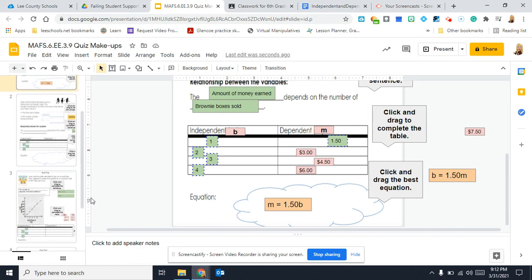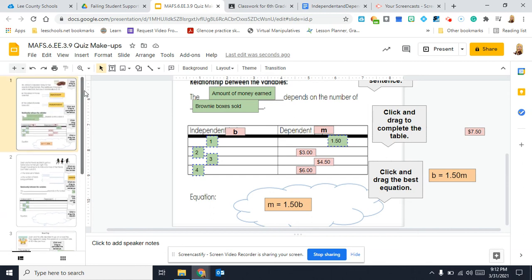Remember, this is independent and dependent variables. You should be able to go back through and find some notes in your notebook on it. I can also add pictures of our notes if we need to, but you should be able to complete this based on the scenario and the examples provided. Hopefully, doing it this way through Google Slides is a lot easier than the original Google Doc activity.